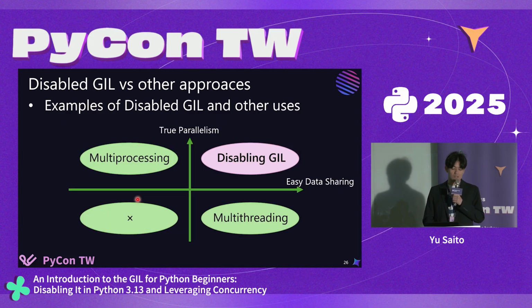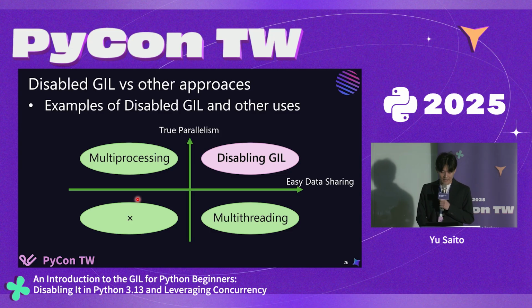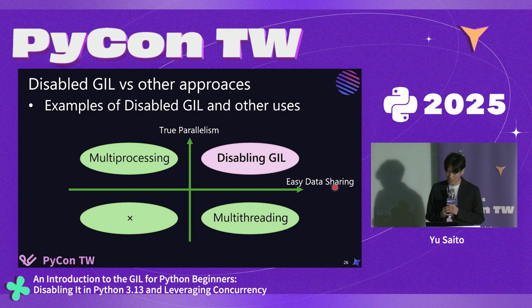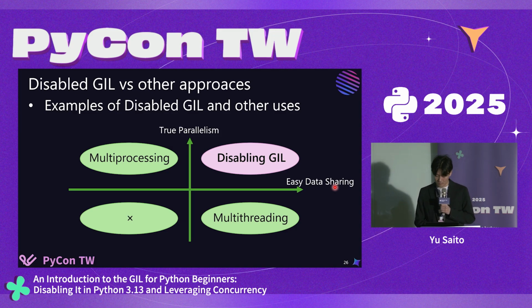As I said in the previous slide, easy data sharing and true parallelism are the key items to consider when using a disabled GIL. So I have organized a two-dimensional graph by them. The horizontal axis is easy data sharing and the vertical axis is true parallelism.